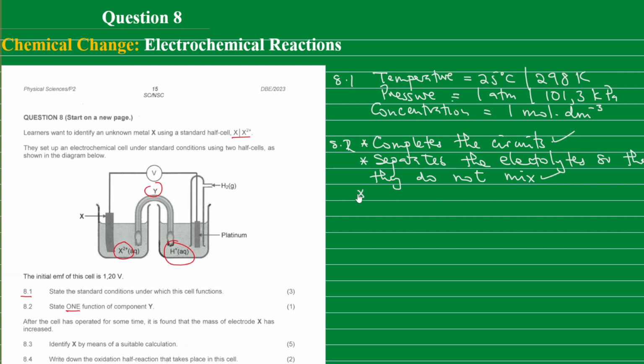The other function of a salt bridge is that it supplies the path through which the ions can move so as to restore neutrality. So any one statement here can be given a mark for the function of the salt bridge.